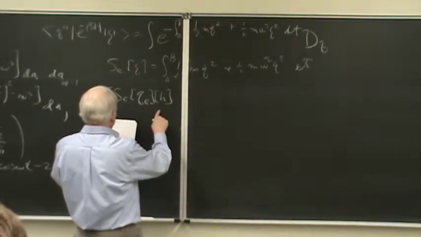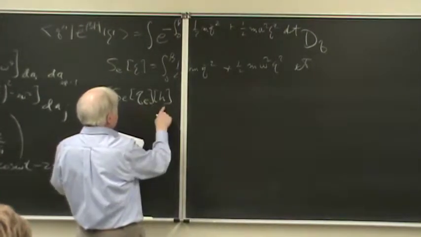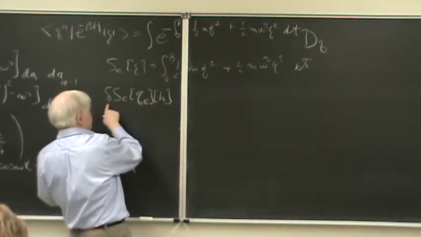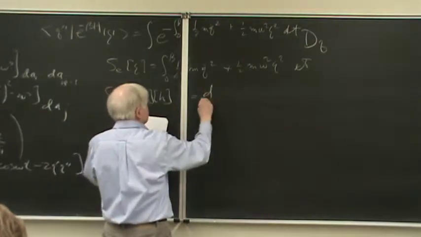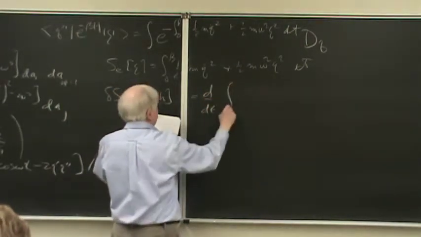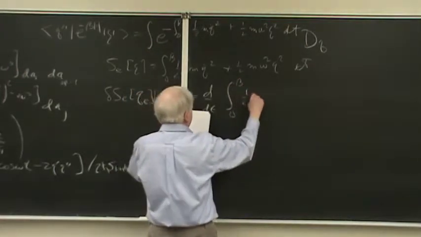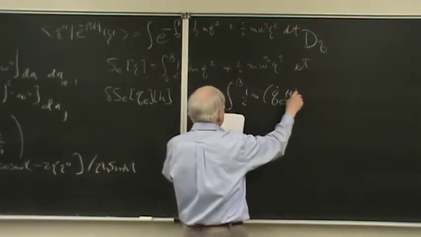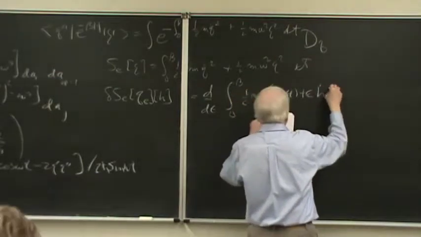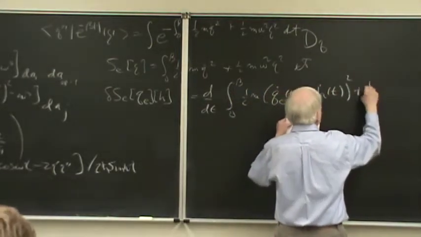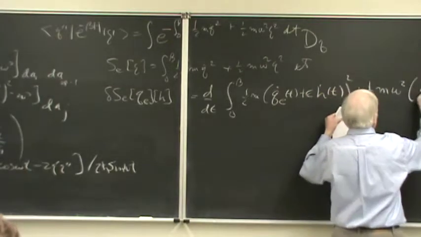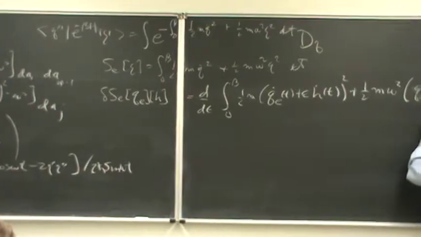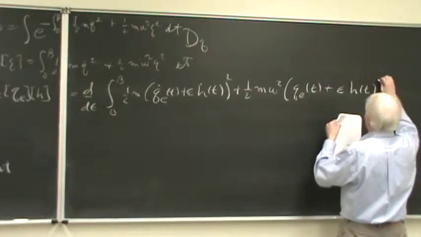I'm thinking of this not only as a functional, but the delta means it's actually the variational derivative. And this is d by d epsilon of the integral from 0 to beta of 1/2 m times q Euclidean dot of t plus epsilon h dot of t, squared, plus 1/2 m omega squared times q Euclidean of t plus epsilon h of t, squared.